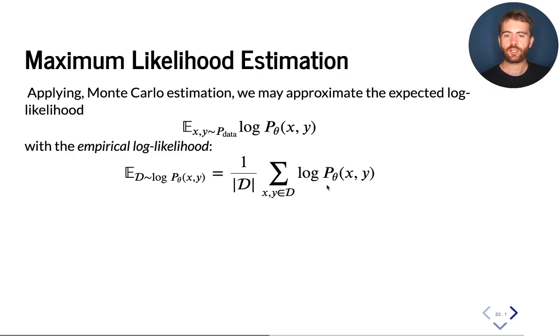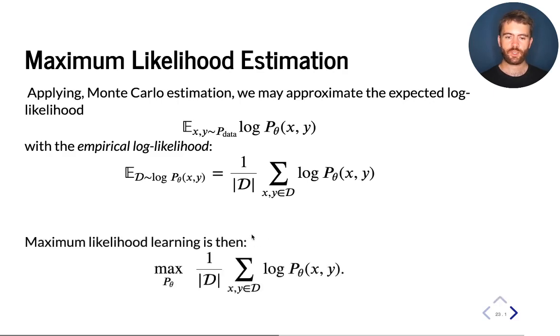That is simply the log likelihood of the samples of our training data set, which is a set of samples coming from the data distribution. So in other words, we are asking the model to assign a high probability to the set of samples that we have collected and that is coming from the data distribution. And again, this is our objective function.